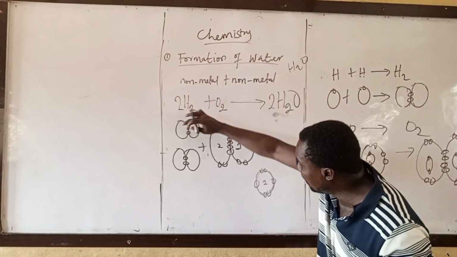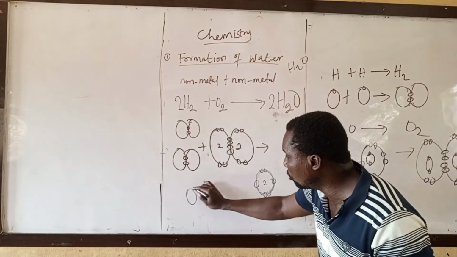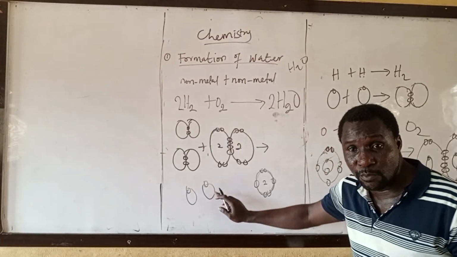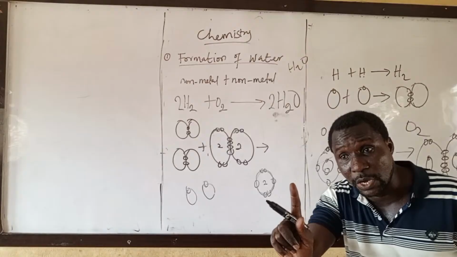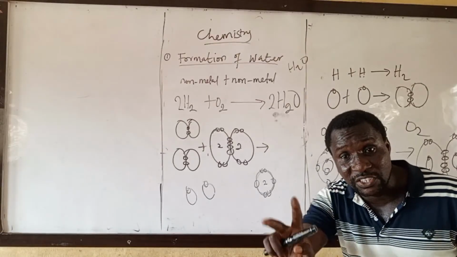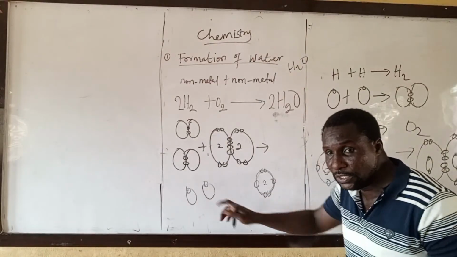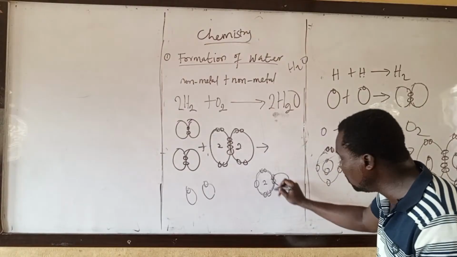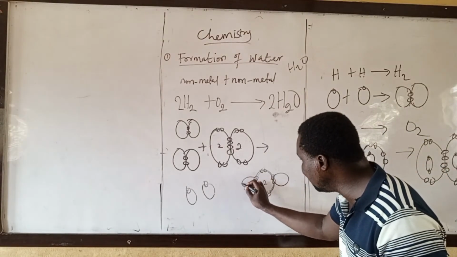That means these 2 hydrogen will also separate back to this. And know that for hydrogen to be stable, it must have how many electrons on the outermost shell? 2, because it only has 1 shell, which is the K shell. And the K shell can take how many electrons? 2 electrons. This hydrogen comes here and attaches itself to this place. The second hydrogen too will come here and attach itself.